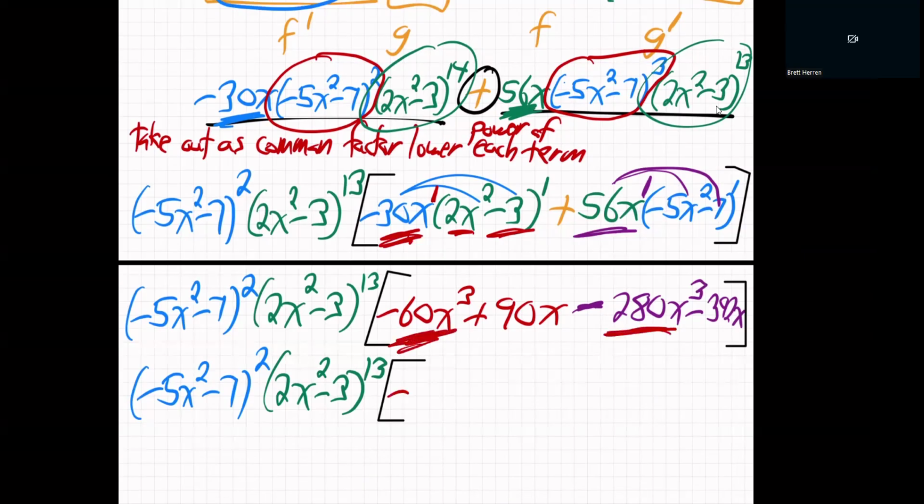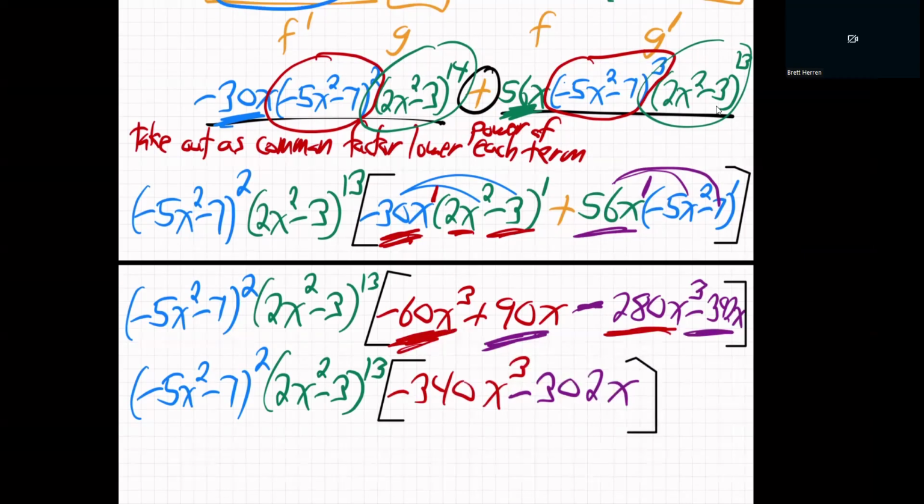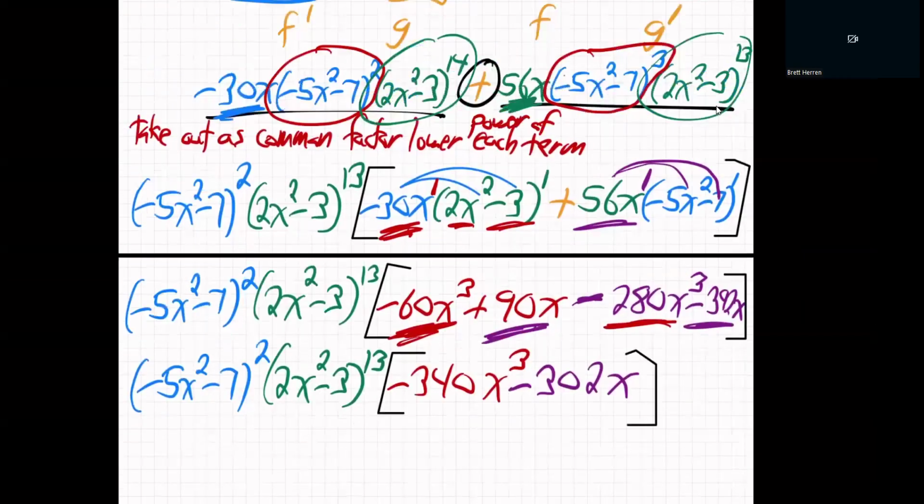That's minus, what's that? 340x cubed. Just like terms, right? And then how about these guys? Plus 90 minus 392. Isn't that minus 302x to the first power? Like that? Man, I think that's basically it.